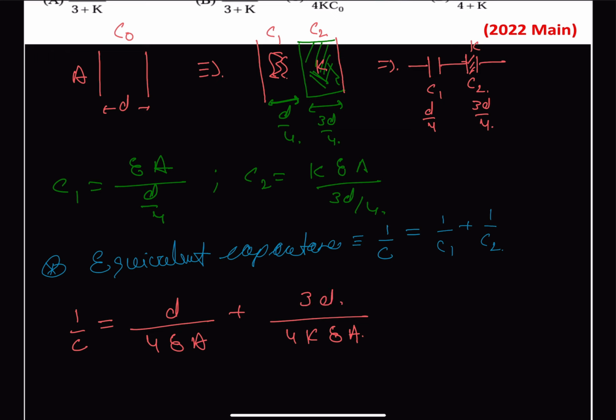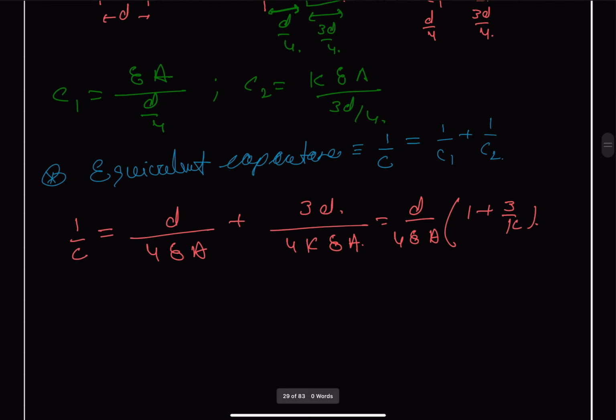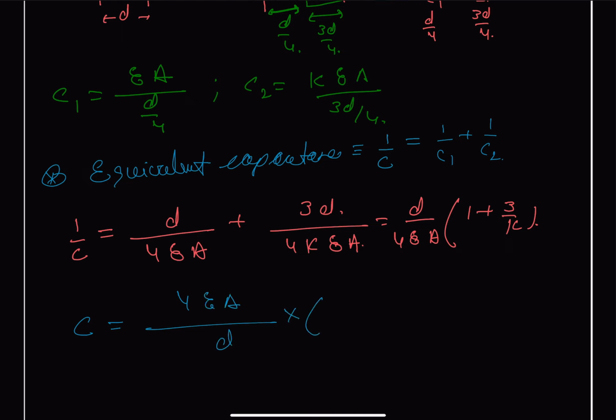So we can take common d upon 4 epsilon naught A, and it comes as 1 plus 3 by K. Therefore C will be equal to 4 epsilon naught A upon d multiplied by 1 upon 1 plus 3 by K.